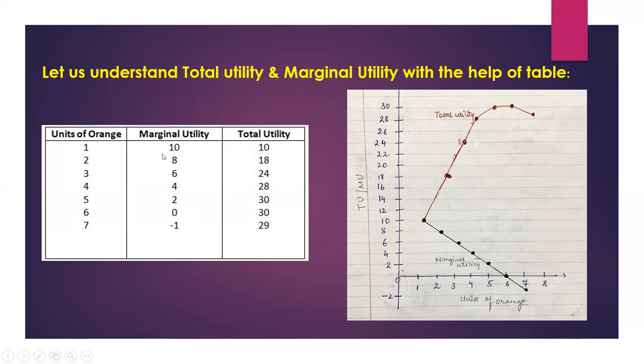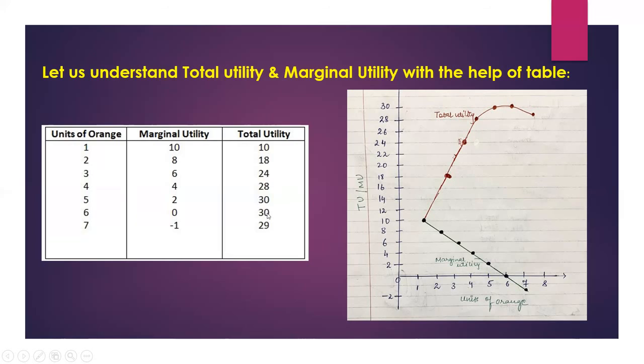On the other hand, total utility, as you can see, is the summation of marginal utility. At 1 unit of orange, marginal utility and total utility are equal, as you can see in the graph also. When we are consuming 2 units of orange, 2 marginal utilities will be added up, that is 10 utils plus 8 utils, you'll get 18 utils. And likewise, you can see that it keeps increasing.